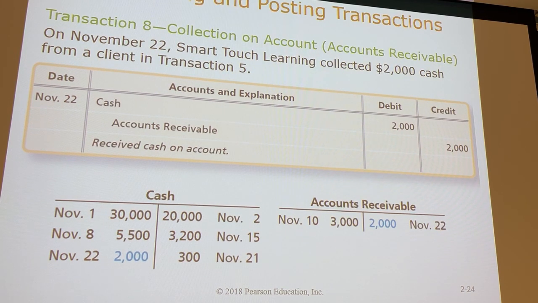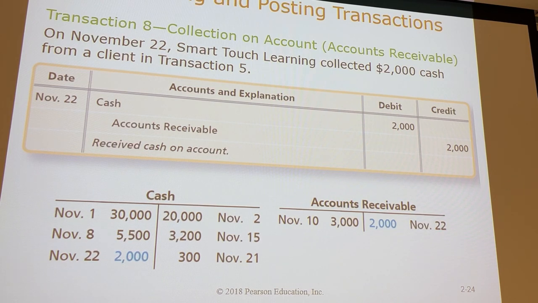Okay, on November 22nd, Smart Touch Learning collected $2,000 cash from a client in transaction 5. Transaction 5 was when we recorded accounts receivable. When we first recorded the accounts receivable, it was a debit to the asset account. So now when some of the accounts receivable are being paid off, we know that's going to be a credit to the accounts receivable asset type account.